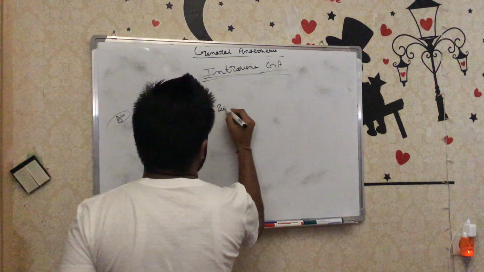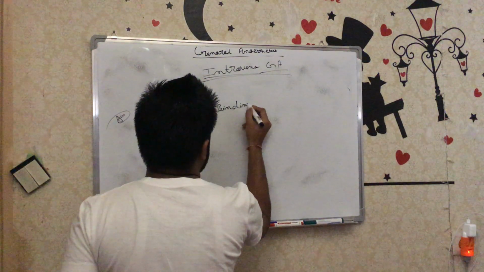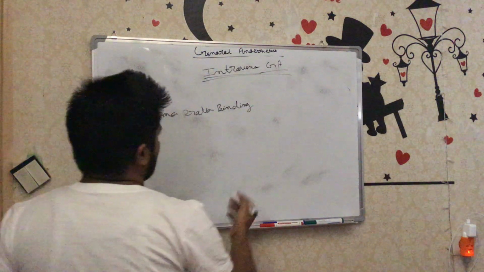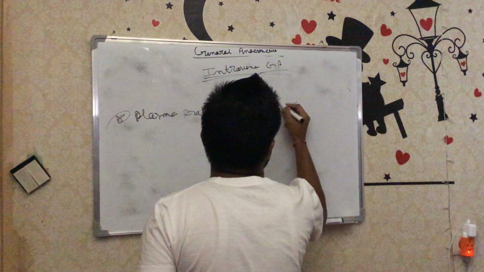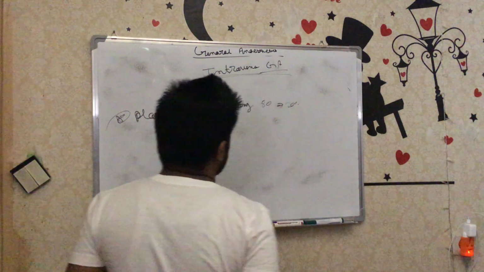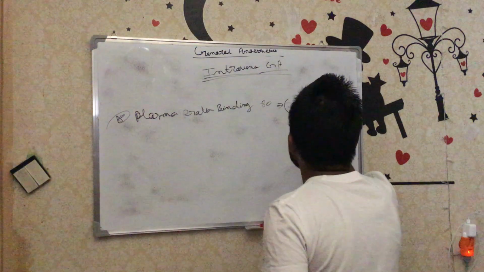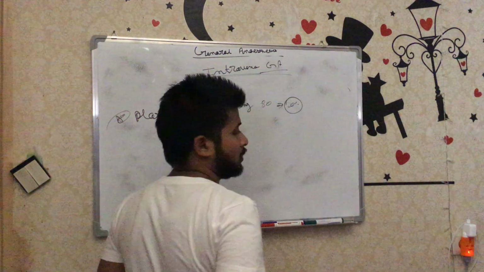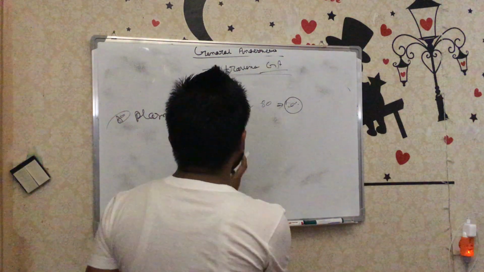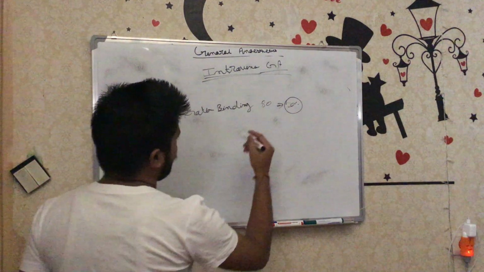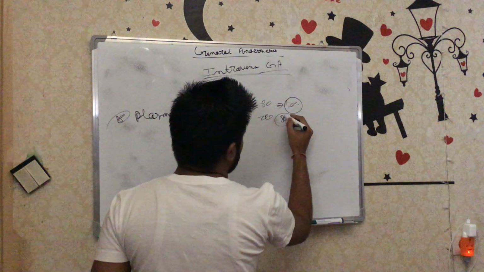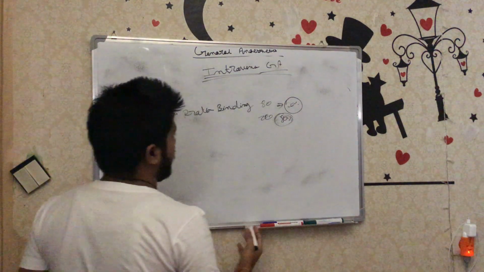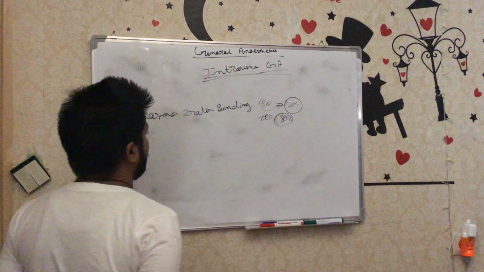For example, if 80% is bound and 20% moves free in the blood, the free 20% will act on the CNS. So it depends upon the binding properties. If 20% is bound and 80% is free, this drug will be more potent as compared to the other.